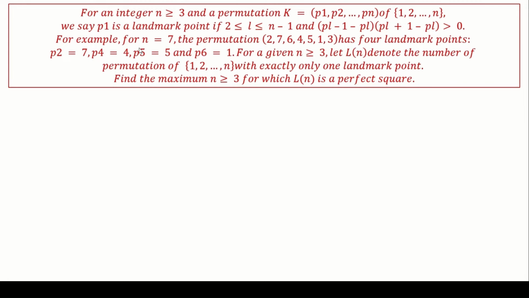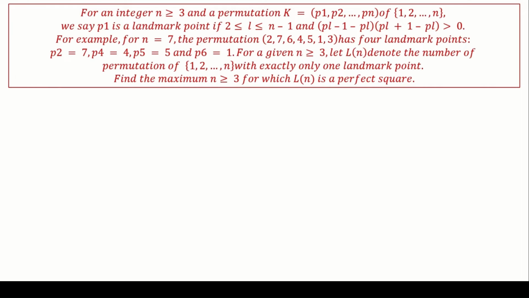For example, n equal to 7, if you take the permutation, there are 4 landmark points. 7 is a landmark because 2 and 6 are less than it. 6 is not a landmark, since 7 is greater and 4 is less. 4 is a landmark because 6 and 5 are both higher. 5 is a landmark because 4 and 1 are less than it. 1 is a landmark because 5 and 3 are greater than it. So now you understood what a landmark point is.